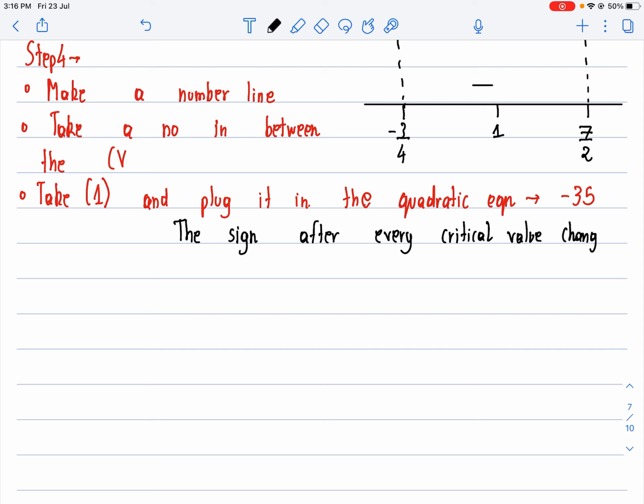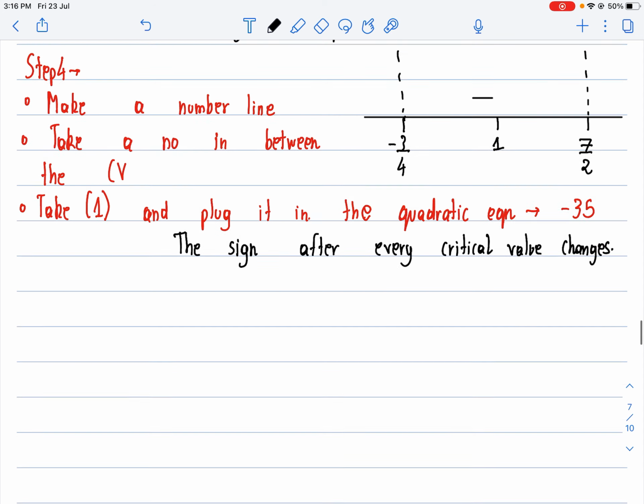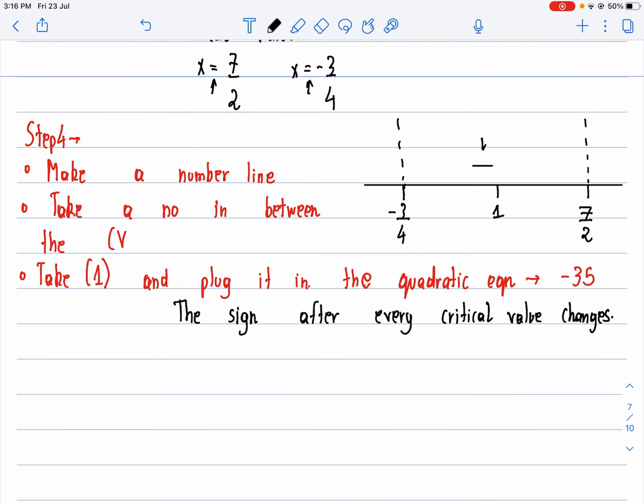That means if this is negative here, I know this is positive and this is positive. Let's say this is positive, then there's a critical value, then it's negative, then there's another critical value, and then it's positive again. This concept is very important to know.